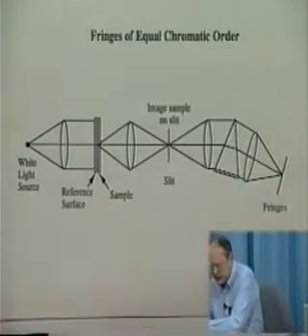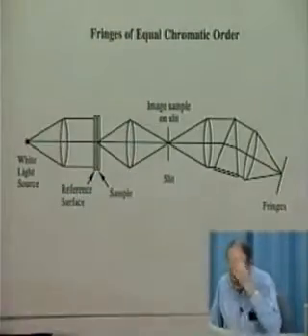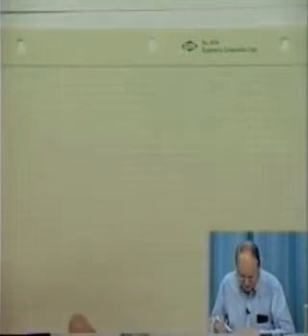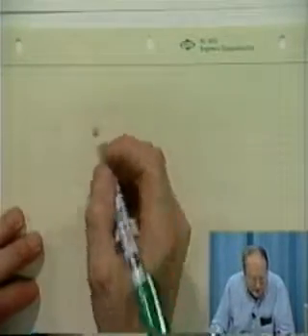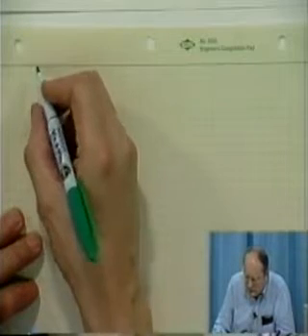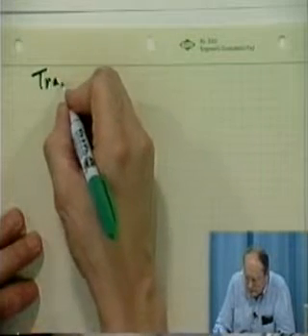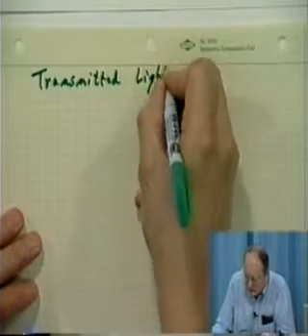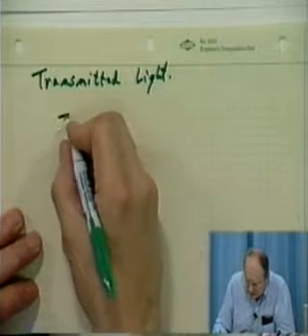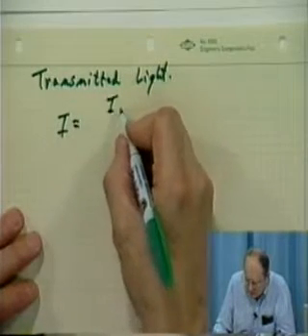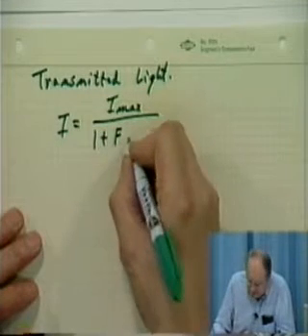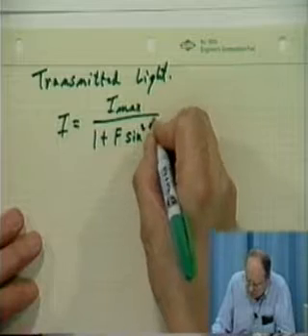Okay, well, maybe we better write down some equations. I'll move this off to the side, but remember what it looks like as we go through here. So we have transmitted multiple beam fringes. Transmitted light. And so we have I is some I max divided by 1 plus F sine squared of delta over 2.